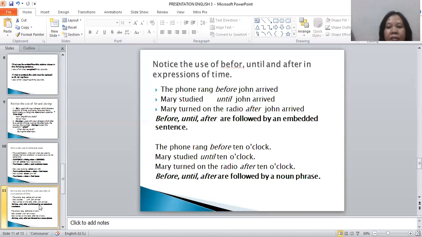In the next example, the phone rang before 10 o'clock. Mary studied until 10 o'clock. Mary turned on the radio after 10 o'clock. In this third set of sentences, before, until, and after are followed by a noun phrase.